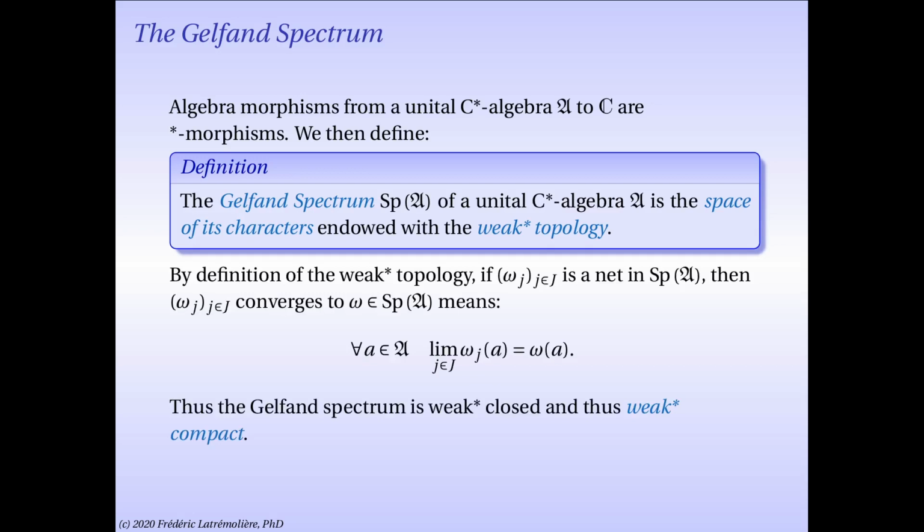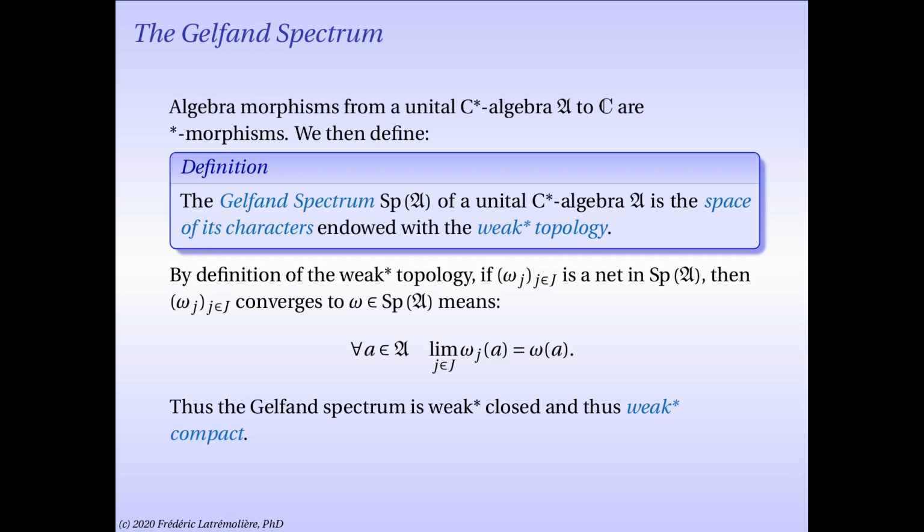So here I remind you briefly of what a net of characters converging in the weak star topology means, and it simply is convergence pointwise. So suppose that we have omega_j, a net of characters, and it converges in the weak star topology to some omega that at the moment I don't know is in the spectrum.